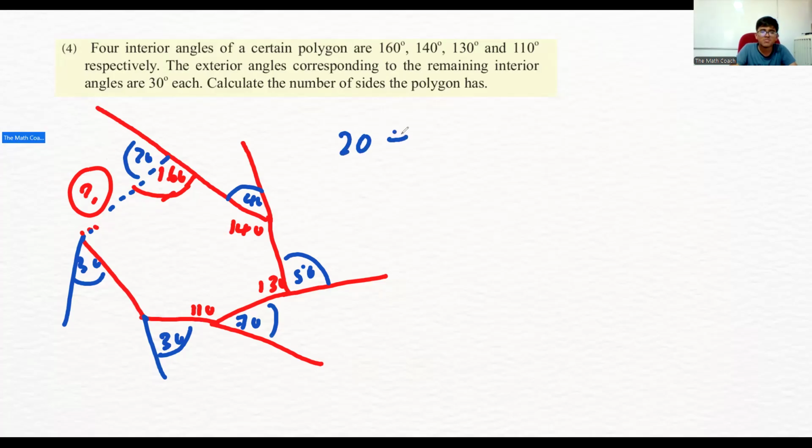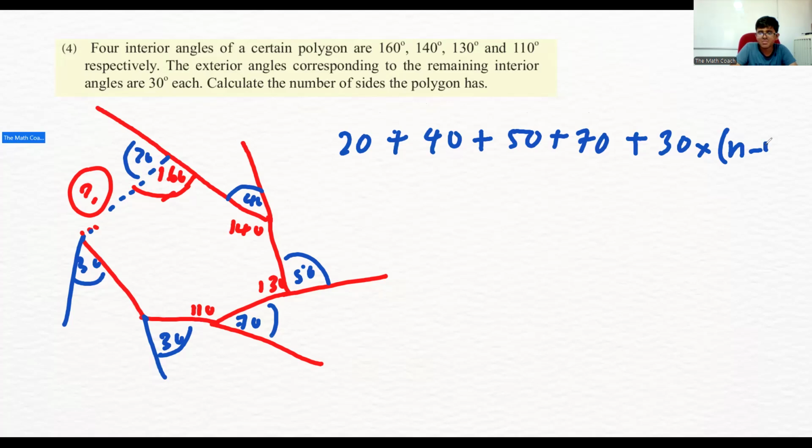So 20 plus 40 plus 50 plus 70 plus 30 degrees times the number of remaining sides. We have 4 sides known, and if we have a total of n sides, the remaining is n minus 4. Why?